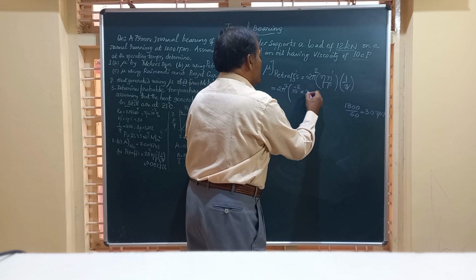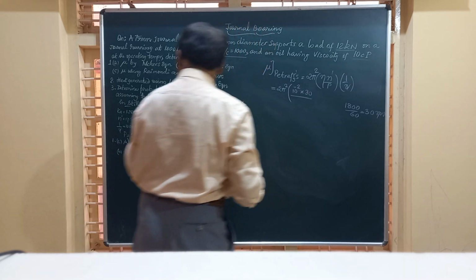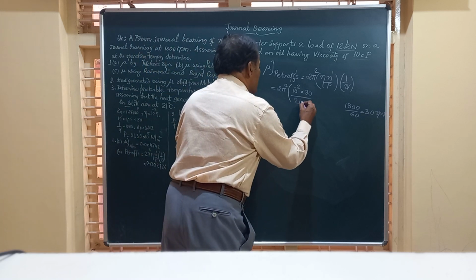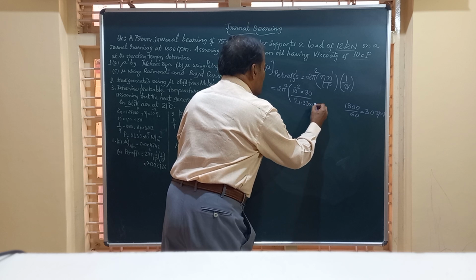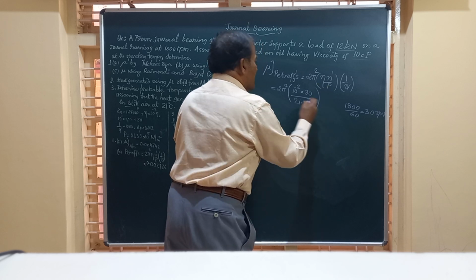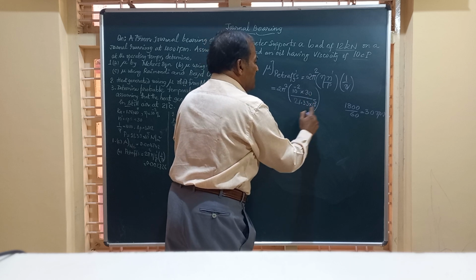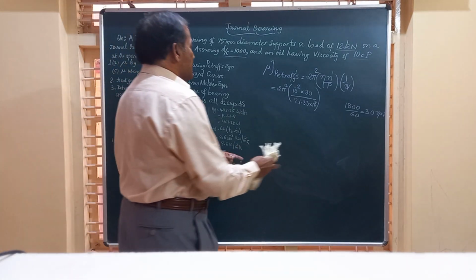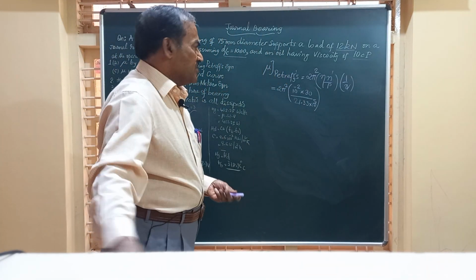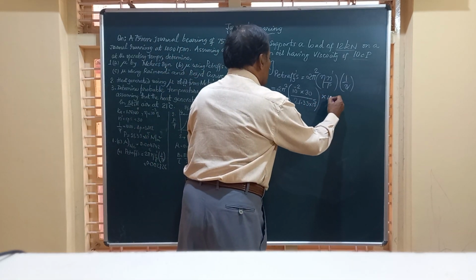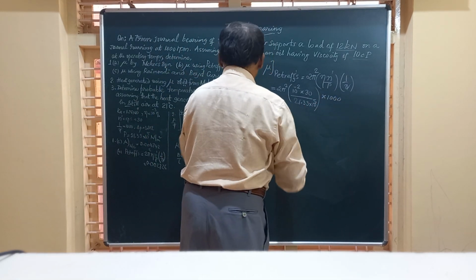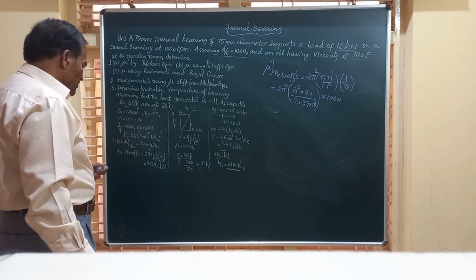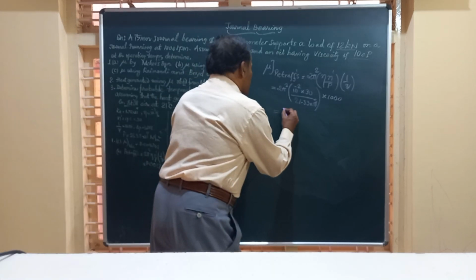So 30 I will substitute here, divided by P. The value of P we have already taken, 21.33 into 10 to the power of 5, multiplied by 1 by psi. 1 by psi is 1000, that is given in the question. So into 1000. Friends, if you simplify, you get the value using Petroff's equation as 0.002726.